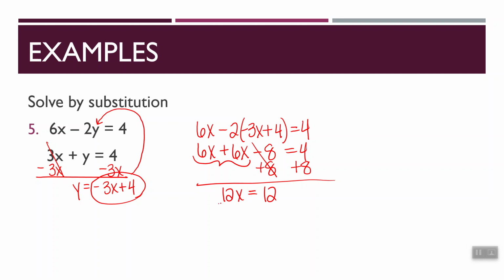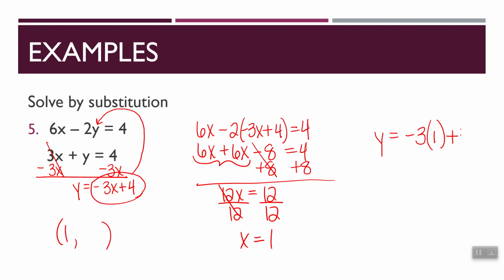So 12x equals 12, and x equals 1. I'm going to use this equation down here that I have solved for y to plug in my x. Negative 3 times 1 is negative 3, and negative 3 plus 4 is 1. So we get (1, 1).